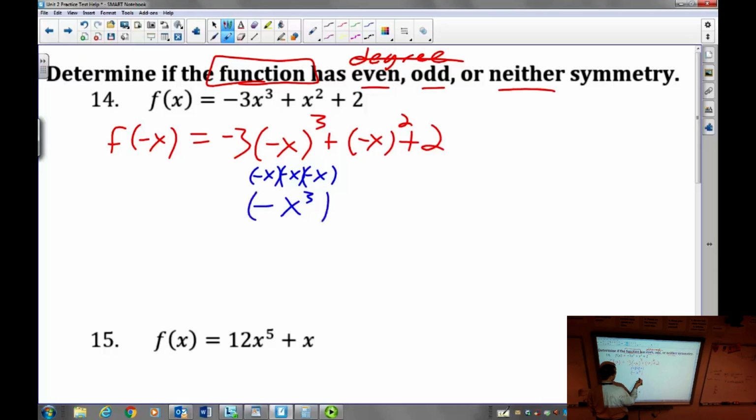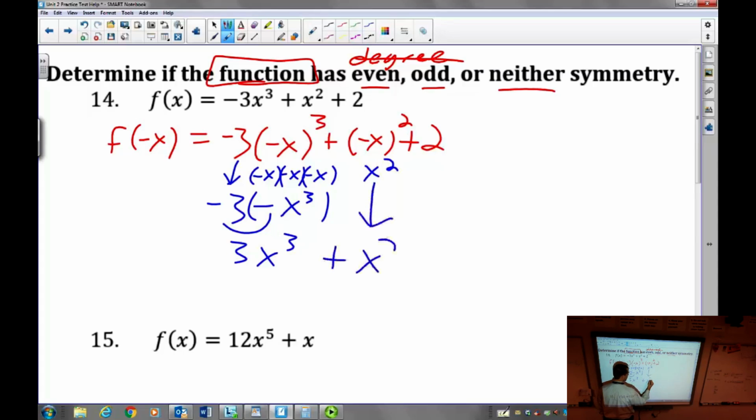Then put that in parentheses still. We have to bring down the negative 3 now. So now we have negative times a negative is a positive 3x cubed. Now negative x squared is just going to be negative x times negative x, which is a positive x squared. So we'll bring that down, positive x squared, and then just plus the 2.